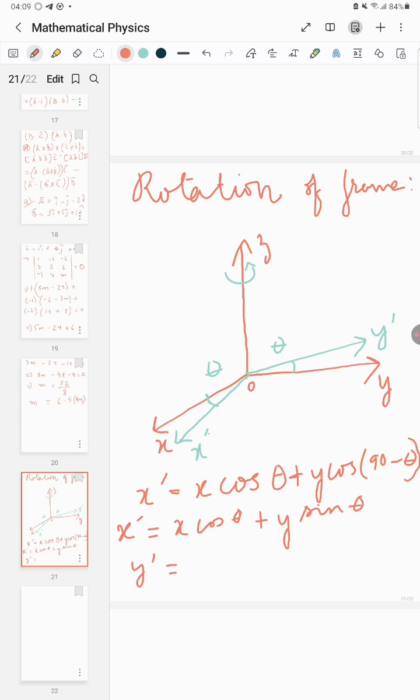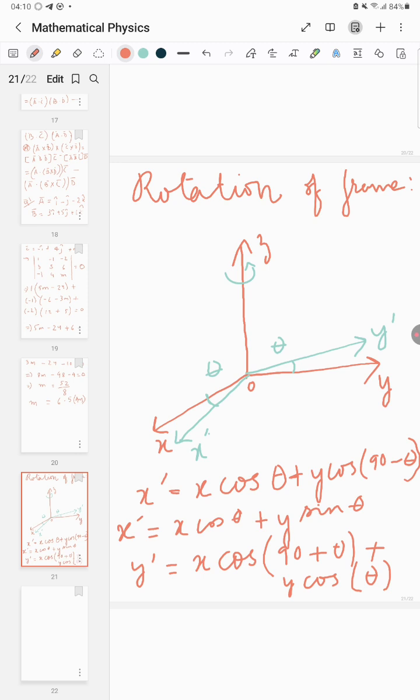What is the angle between Y prime and the X axis? It would become X cos(90 plus theta) plus Y cos theta.